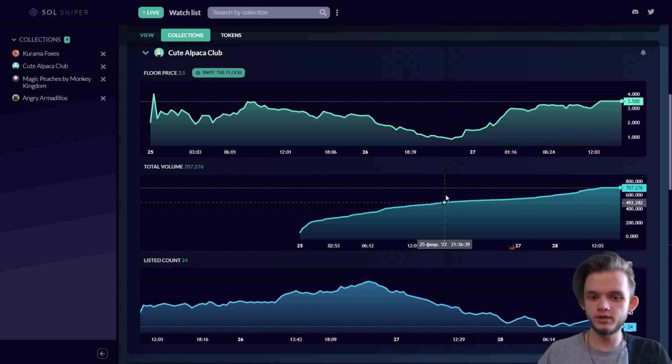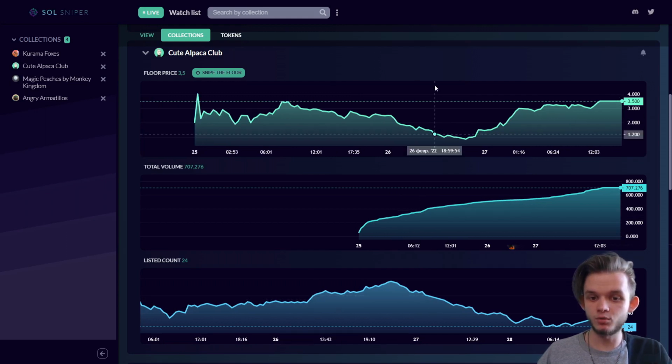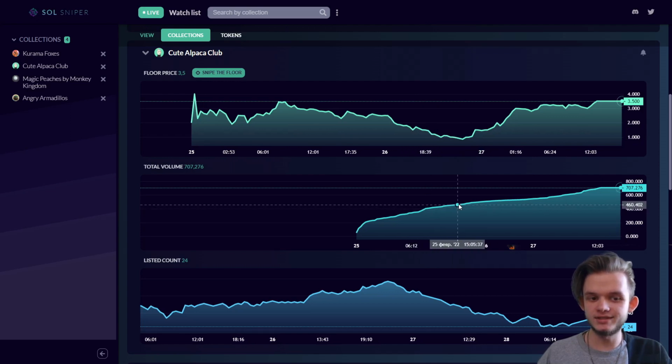What are we looking for here? This is the perfect example of what we look for in all Solana NFTs and all these three graphs. Check it out here, guys. We see the floor price about here. Let's say it's downgrading. It was like 1.5, then it was 0.9, and it's going down. But what we see here is that total volume is going up, and the listed count is going down.